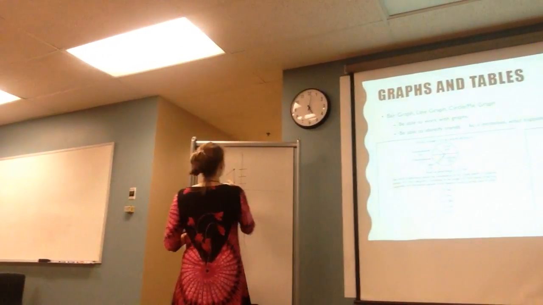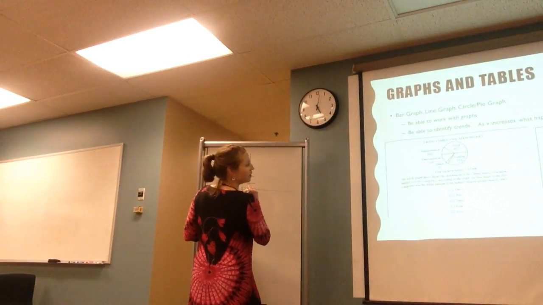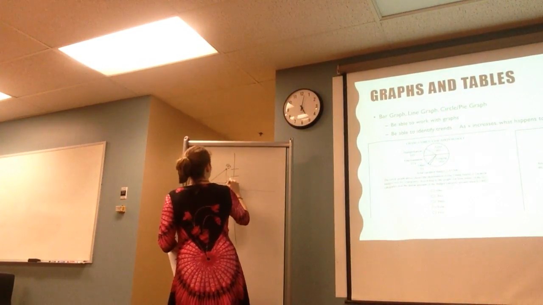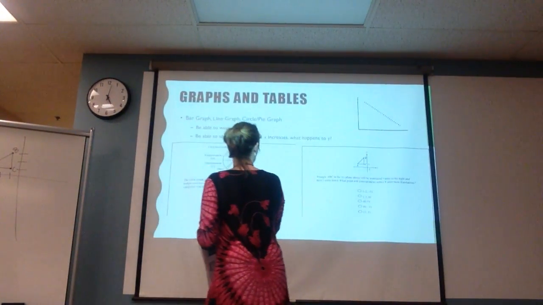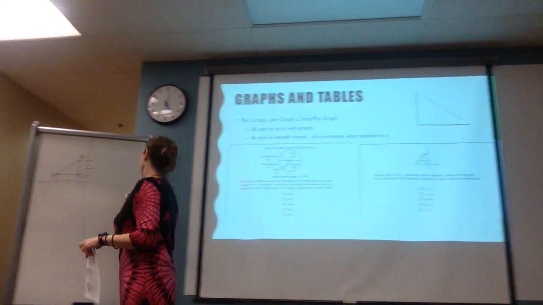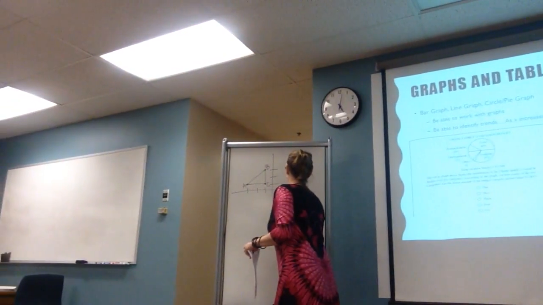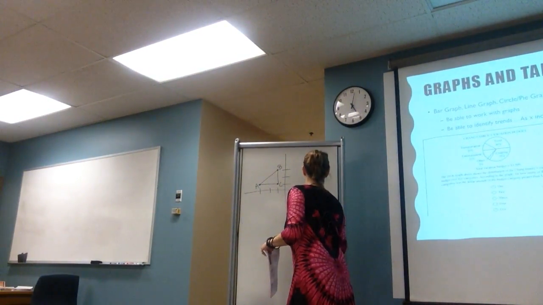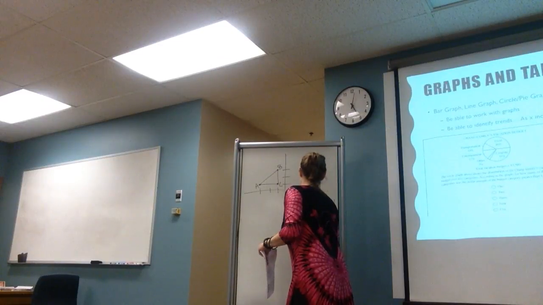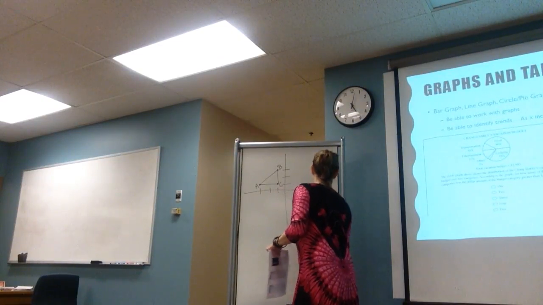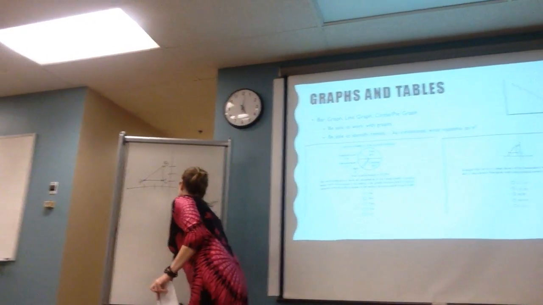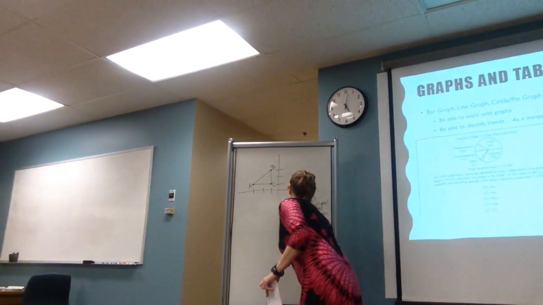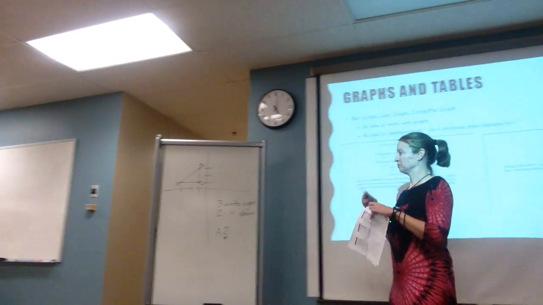Okay, so I have vertex A, vertex B, and vertex C. It said they're going to translate this 3 units to the right and 2 units down. They want to know, where is vertex A going to be after the translation? So go ahead and find it.